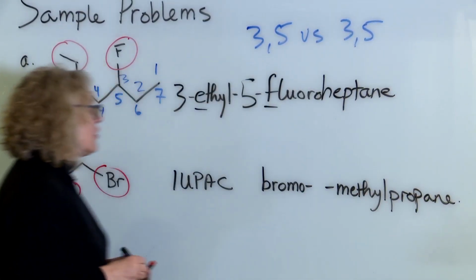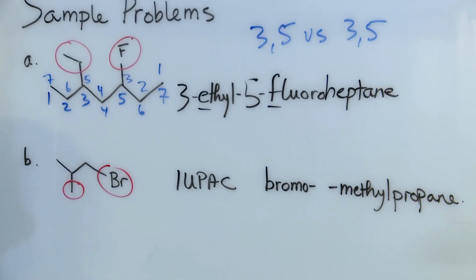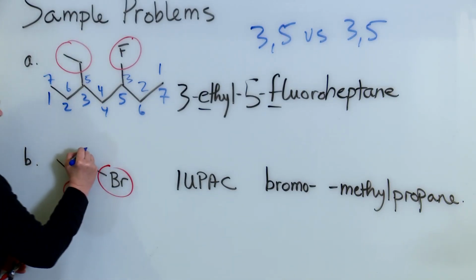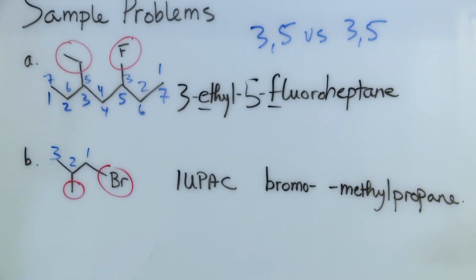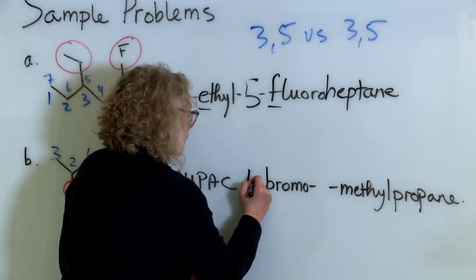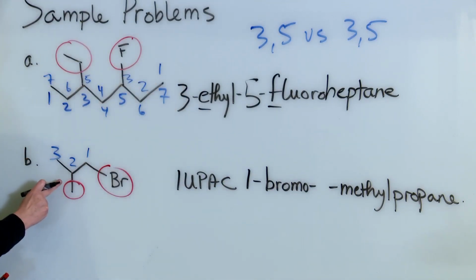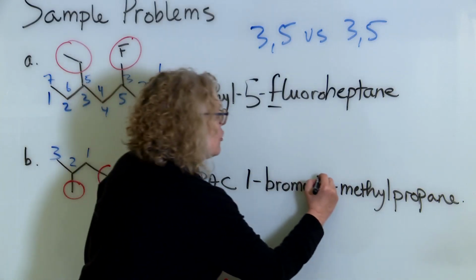So the only question is the numbering, and in this case, and you can do the numbering in the other direction yourself, the bromo will be at position 1, and the methyl will be at position 2.